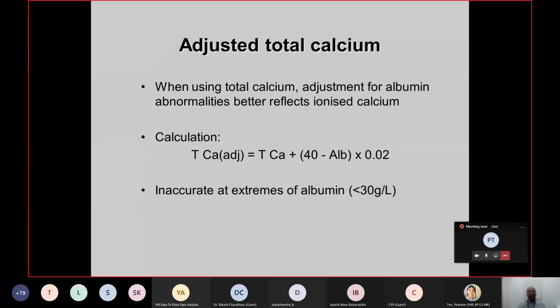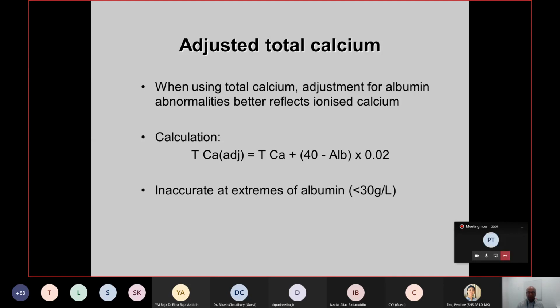So when we measure total calcium and report it, we adjust it for the albumin concentration, because albumin is the main protein that binds calcium, and that's to give a reflection of the ionized calcium, so that the adjusted total calcium reflects ionized calcium status better than unadjusted total calcium.